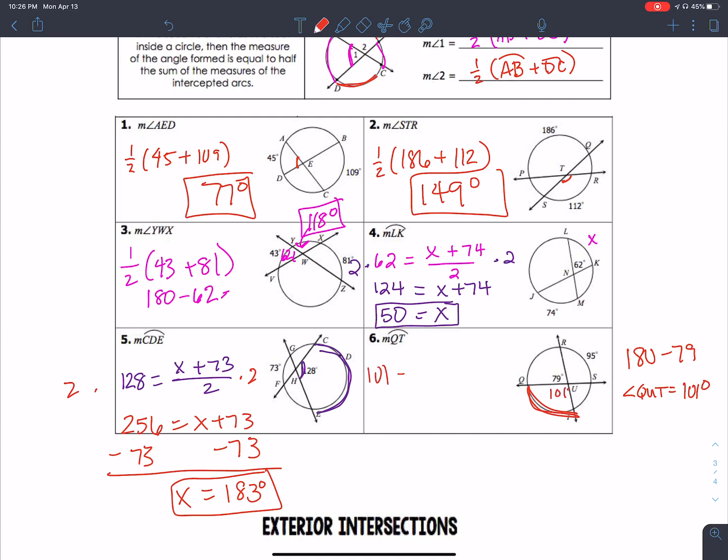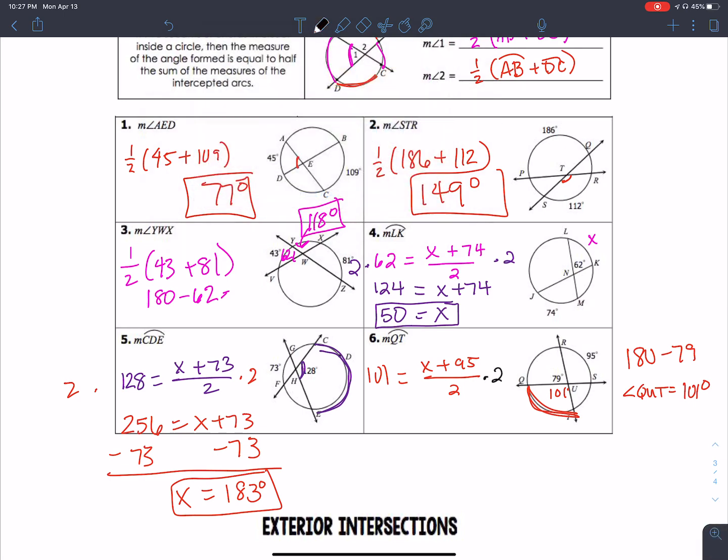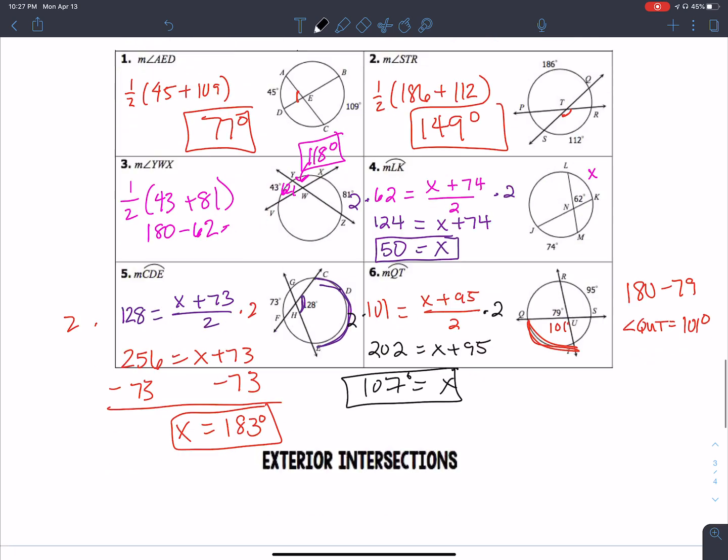So my angle equals the arc I don't know plus the arc I do know, divided by 2. So 202 equals x plus 95. 202 minus 95 gives me 107 degrees.